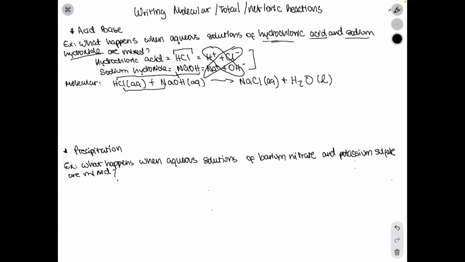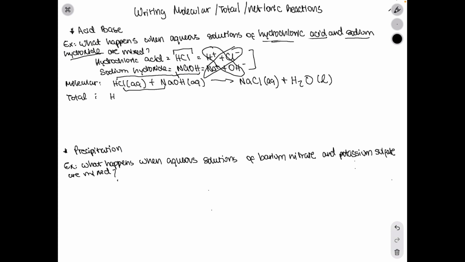Now you have to keep that in mind for the total equation, since you have to list all the ions present in the solution. You also have to include the ones that don't dissociate, which is water. You have to know the states in order to do this part. Since HCl, NaOH, and NaCl are strong, we're going to list all the ions.